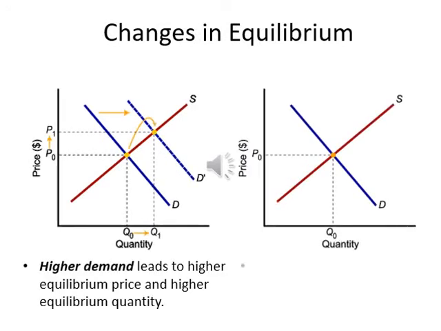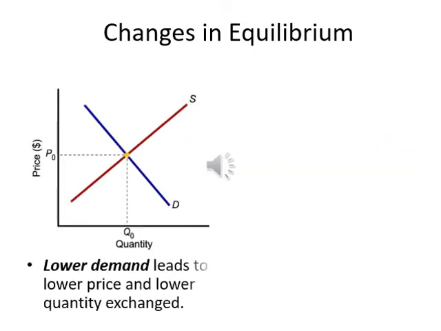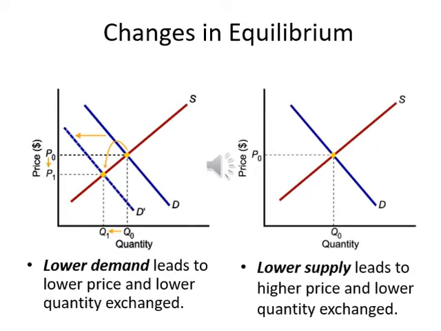Higher demand leads to higher equilibrium price and higher equilibrium quantity. Higher supply leads to lower equilibrium price and higher equilibrium quantity. Lower demand leads to lower price and lower quantity exchanged. Lower supply leads to higher price and lower quantity exchanged.